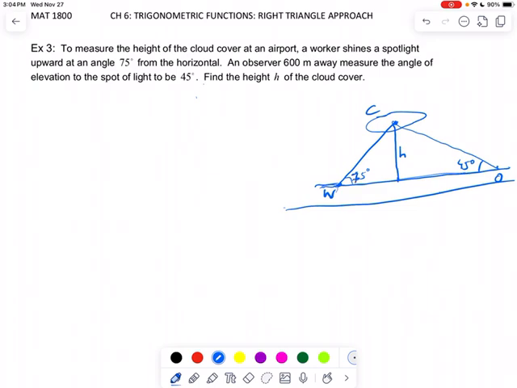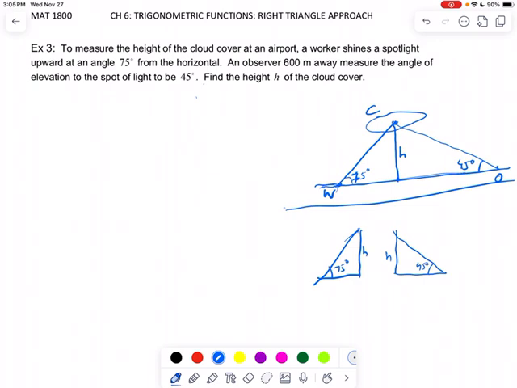So we are now going to look at the two right triangles. What are those right triangles? One has this angle 75, and this is h, and on the other side this is 45 and this is h.